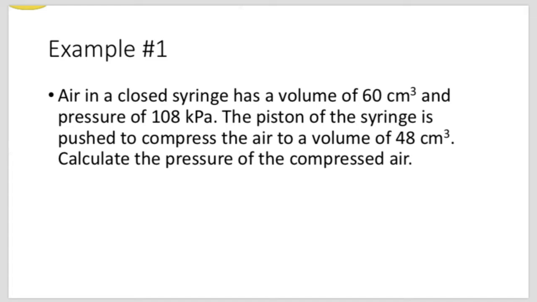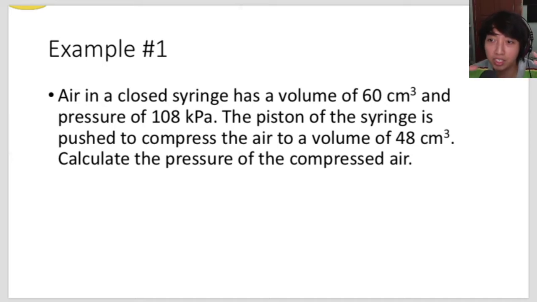So what we have here is a situation where you give this gas two different conditions. Condition 1 is 60 cm cube of volume and 108 kilopascals. In the second situation, you're given the volume, but you're not given the pressure, right? But since we know that we're talking about the same mass of air, then we can use the formula that we were just reading just now.